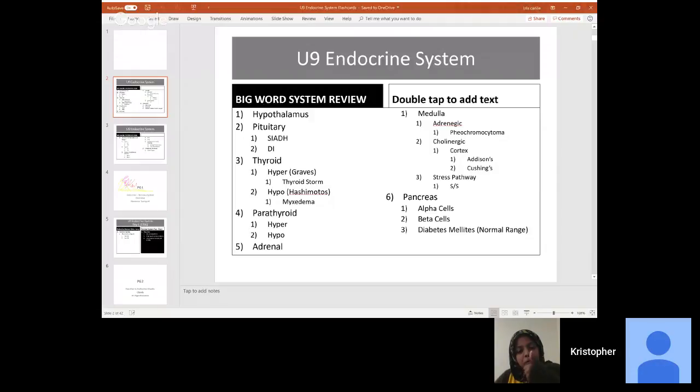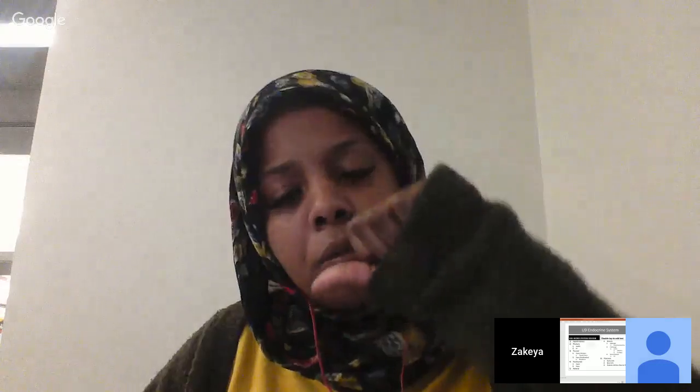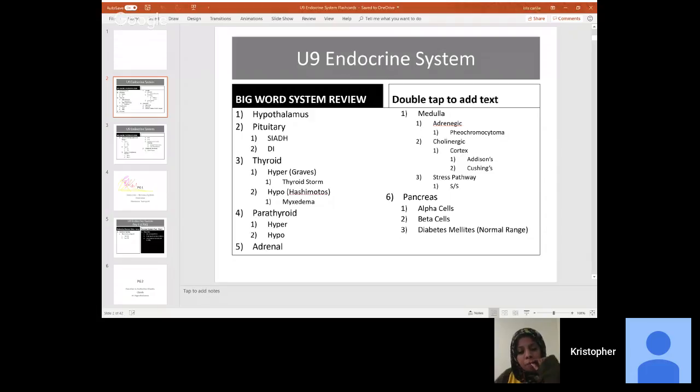Zakia, if sodium goes up, what happens to potassium? It goes down. It's exactly opposite. That is the only thing weird about these you have to remember. Addison's is depressed hormones, and Cushing's is elevated, and potassium goes in the exact opposite direction of the sodium from that disease process.